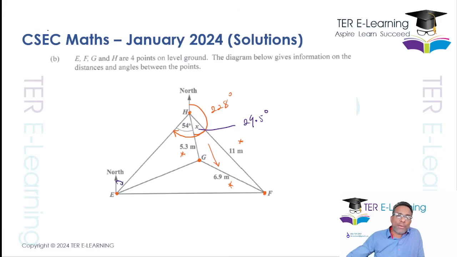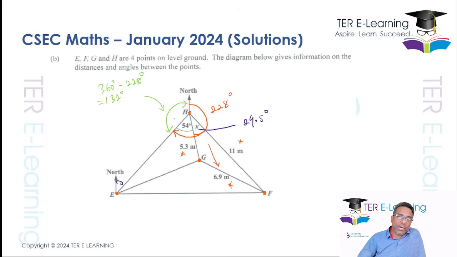Now, what I would do in a scenario like this is make use of the fact that our north lines are parallel. So if that's 228, I can work out this angle here. This angle is going to be 360 minus 228. You're going to get 132.